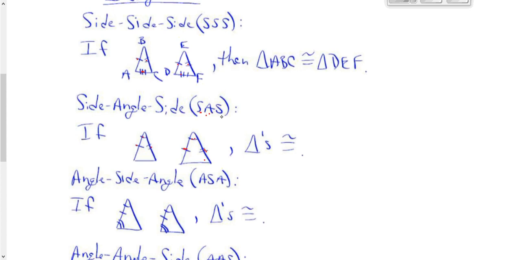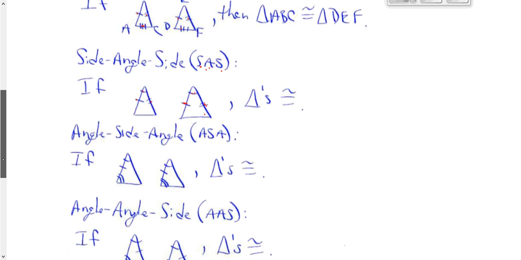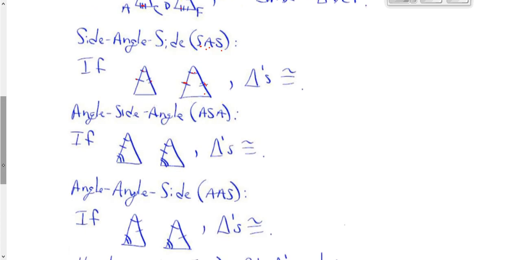Okay? So if you have that situation, if we prove those two sides and the angle congruent, without knowing anything about the other sides and angles, we can say the triangles are congruent. I've abbreviated this. Usually that's what you'd write, okay? So we've got side, side, side, and side, angle, side. Now we also have, kind of like this one, angle, side, angle, okay?